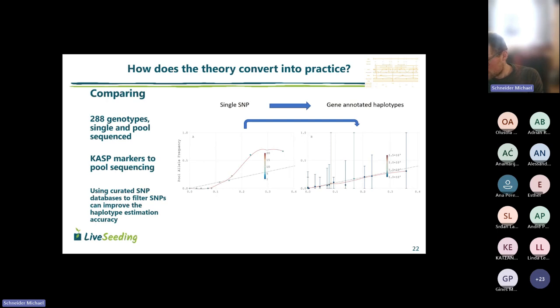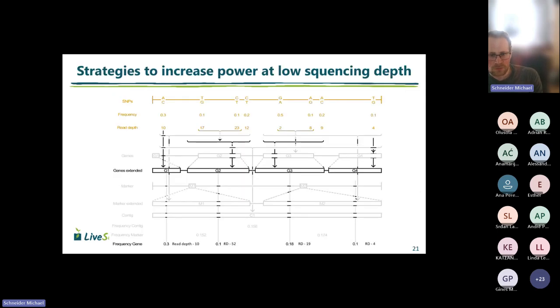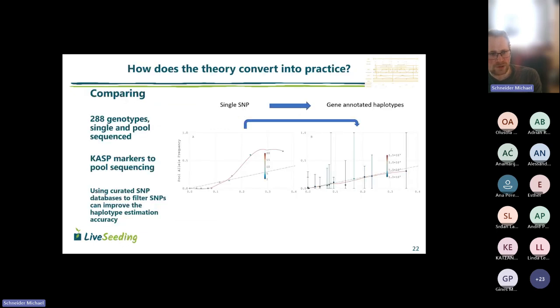Well, how does this now translate into reality? Because this was a theoretical example that I wanted to highlight. And we also tested this, of course, in a real-world scenario where we tested 288 genotypes, so 3 times a 96-well plate.